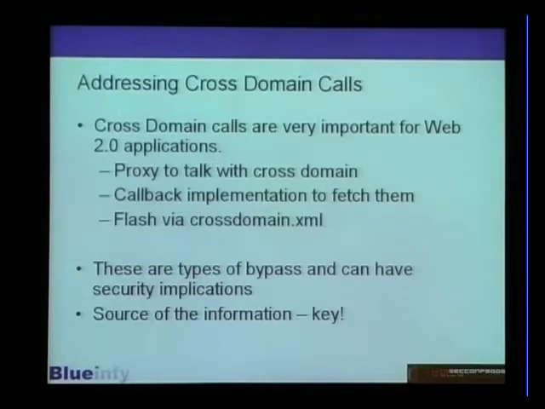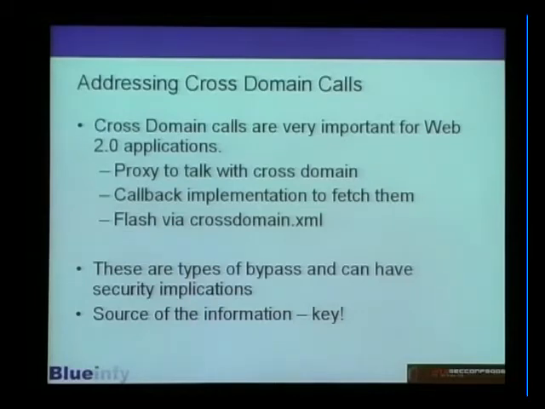One is that those calls will go through a proxy. So say for example, I am on xyz.com, I can't go to google.com. So on xyz.com, I will create a proxy and my application will call the proxy and tell it to go to google.com with this gentleman's username and password, grab their email and tunnel it back to me. So that's number one, the proxy.